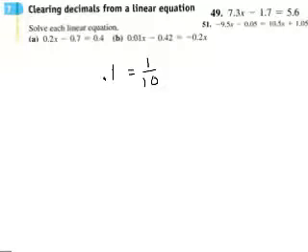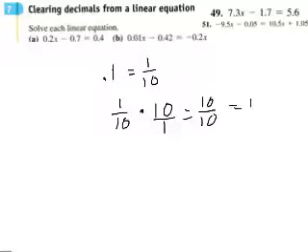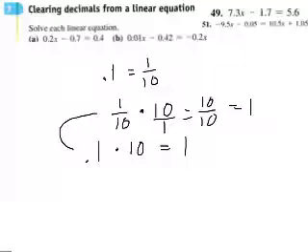If I take 1/10 and multiply it times 10, it would equal 1. So if I have 1/10 and I multiply it by 10, we're going to get 1 also, because it's the same thing.